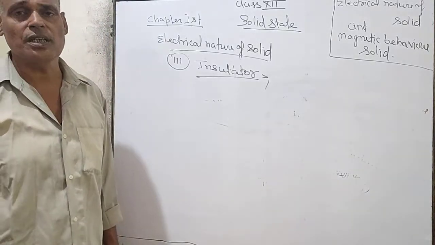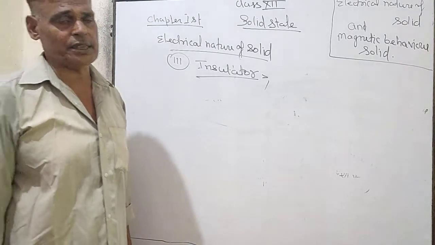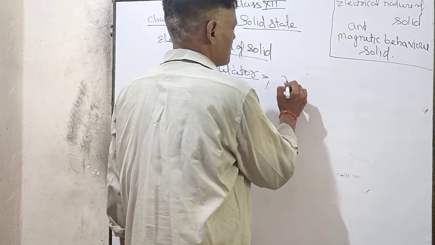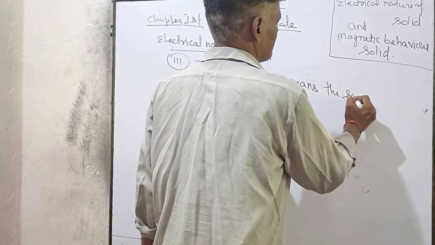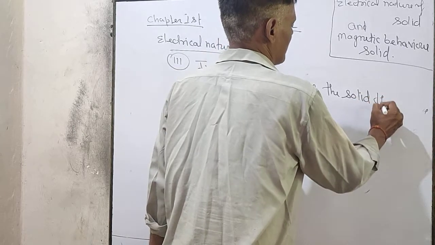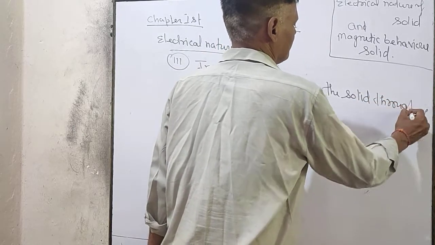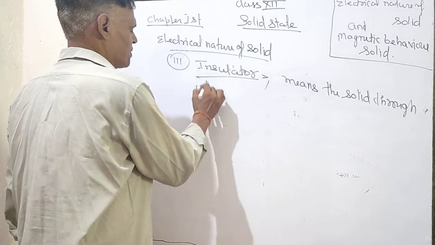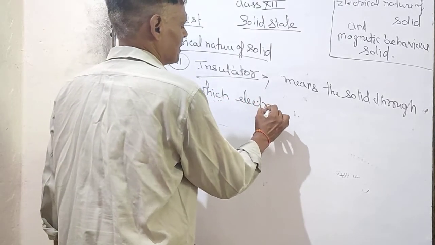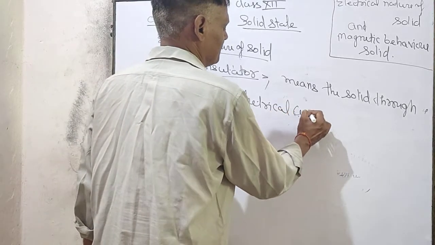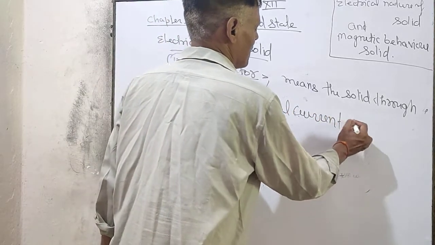Insulator means bad conductor of electricity. Insulator means the solid through which electrical current can't be passed.